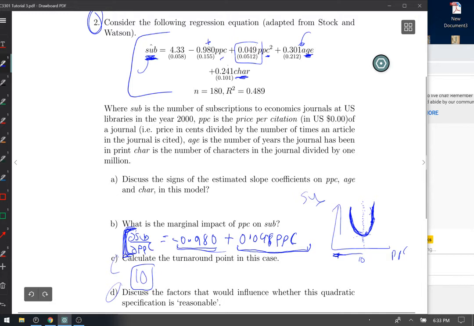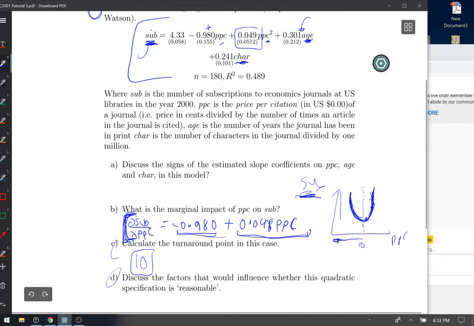They've got high subscriptions. Is it because they've got higher subscriptions that they can charge the higher price, or because they've got higher demand that they can charge the higher price? So it's not unrealistic that you would find this in this model, because price per citation and subscriptions for some types of journals could move together. There could be a positive effect.